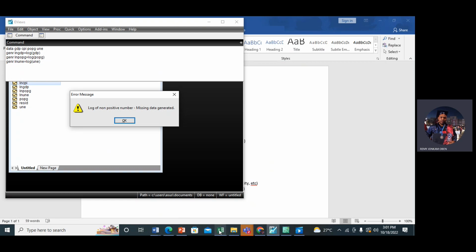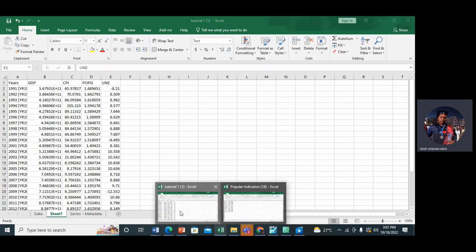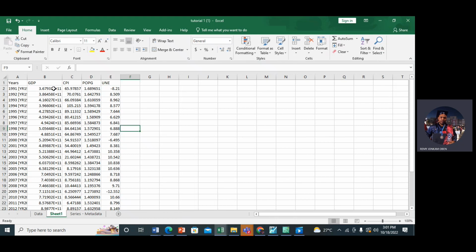So if I come back here to my data on Excel, if you look at the data of GDP, all this GDP data, you discover that there are only positive numbers. So that's fine. If you look at CPI, go right down, there are also only positive numbers. Population, only positive. But when you come to unemployment, you discover that this is a negative number, this is a negative number, this is a negative number.